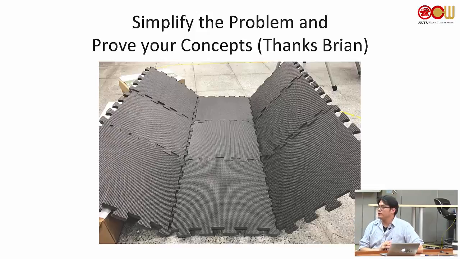So this is another setting that you can simplify. You don't need to go to Miaoli to do your experiment, right? It's probably lots of effort to get there. But you can come up with some setting and try to prove your idea.